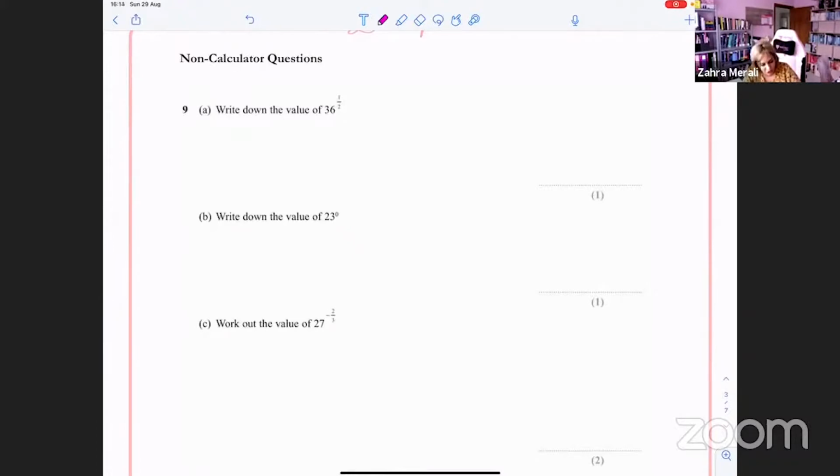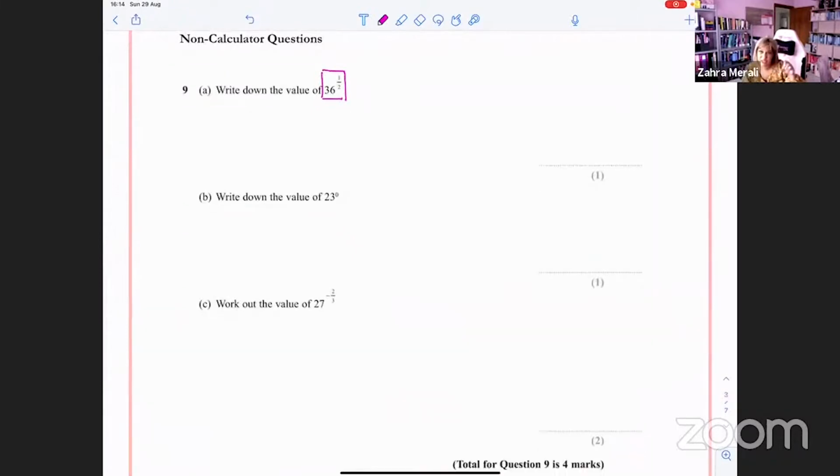So you've got 36 to the power of a half. On that crib sheet above, anything to the power of a half is always the square root of the number. So you make sure that if you square root 36, you get 6.